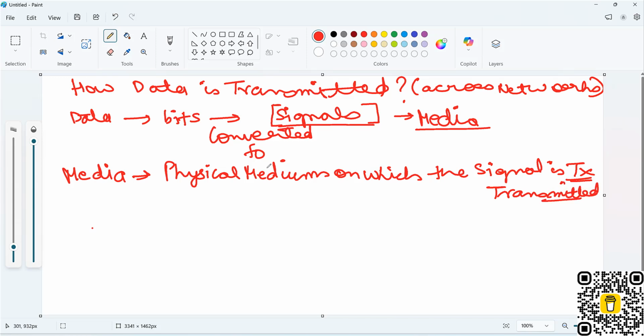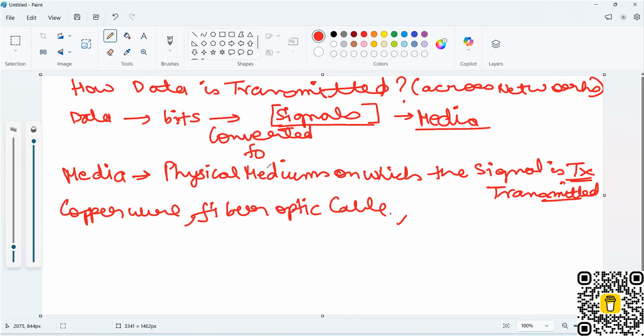There are various kinds of media. For example, copper wire, then we have fiber optic cable, and we have electromagnetic waves.